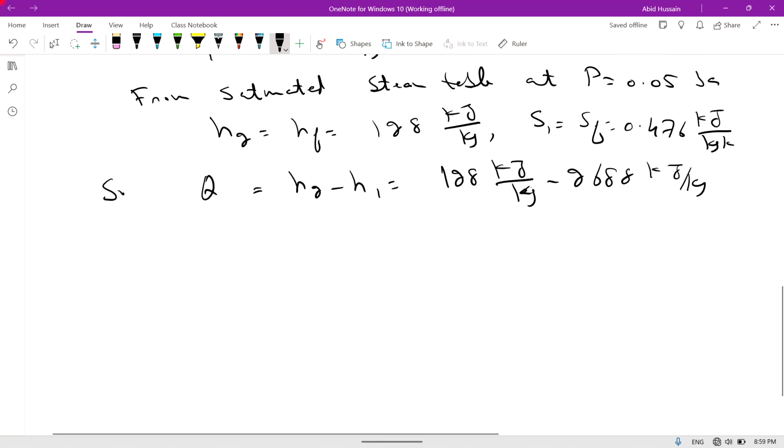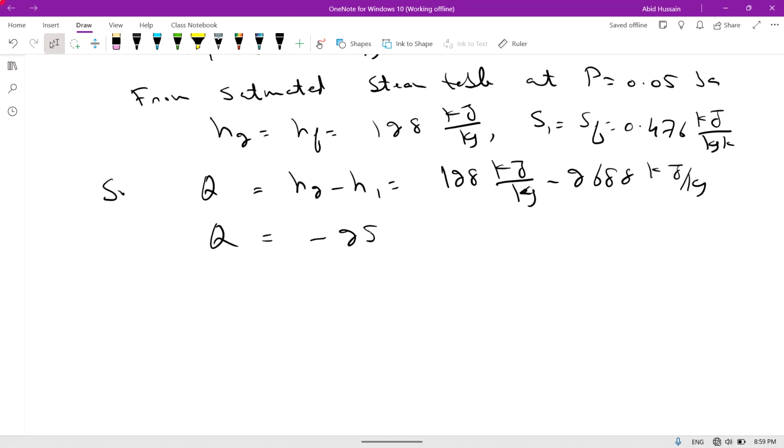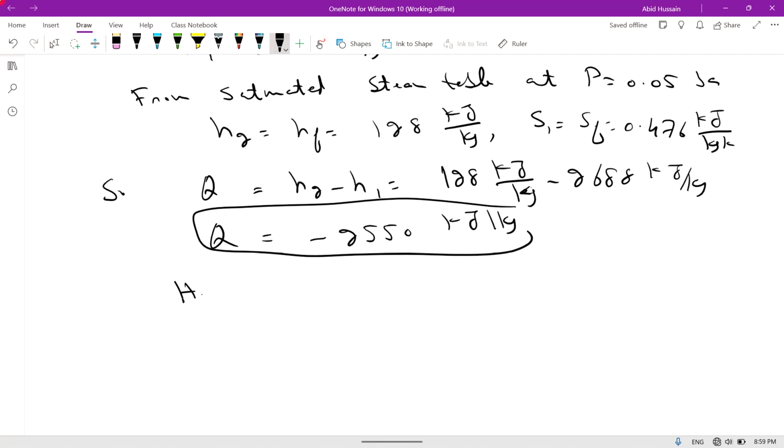So Q is equal to minus 2550 kilojoule per kg. The negative sign means that heat rejected is equal to 2550 kilojoule per kg.